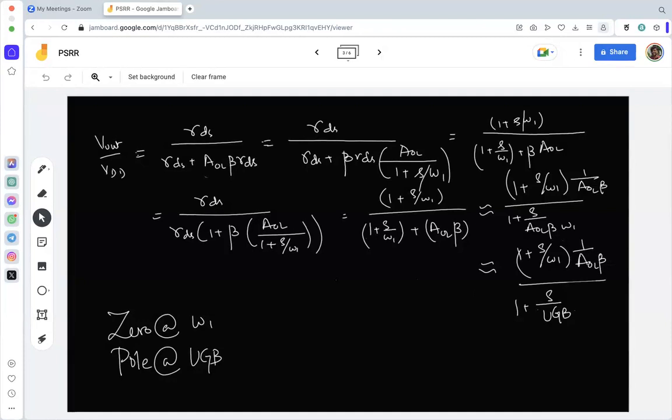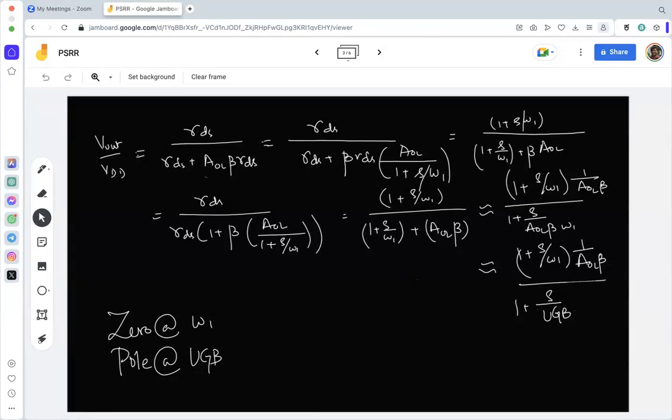Now you further simplify it, and what you get is AOL beta omega 1 as the location of a pole for the PSR plot. Whatever is in the numerator is a 0, whatever is in the denominator is a pole, right? So it's clear that at omega 1 we had a 0.